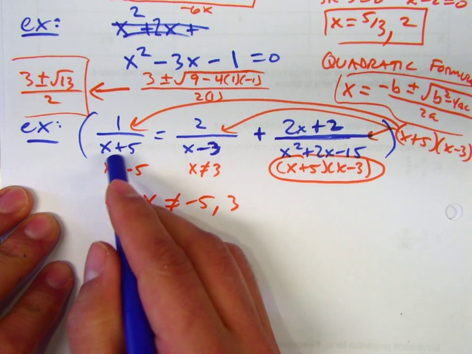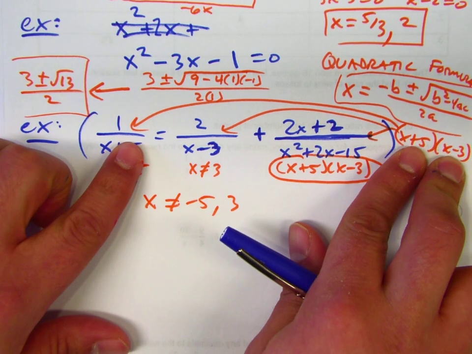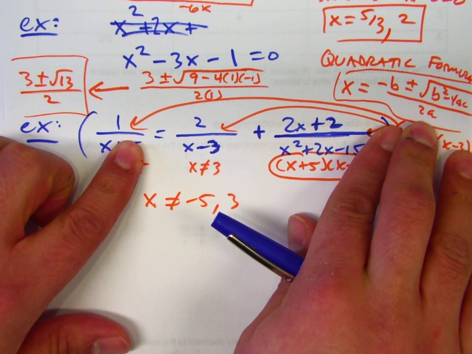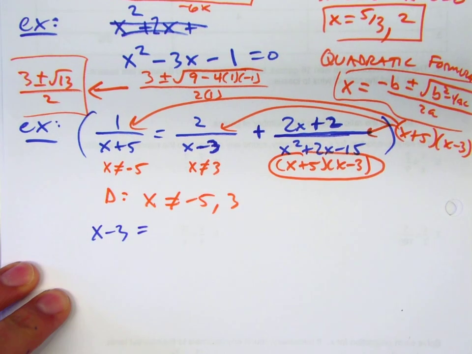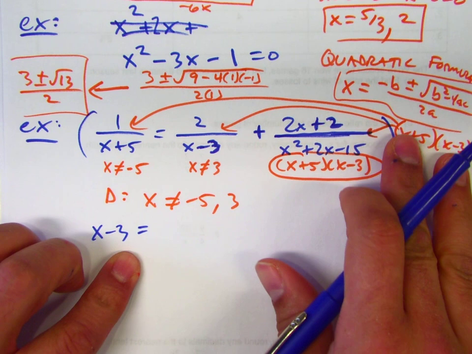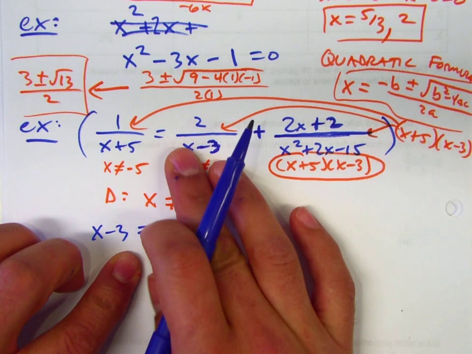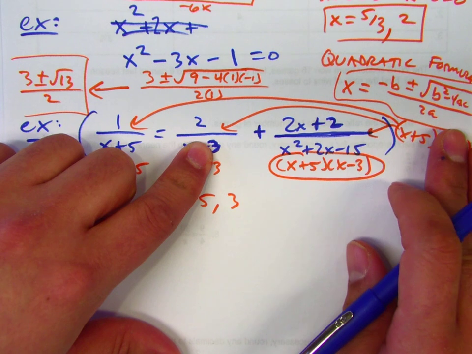What happens with x plus 5 if I'm multiplying it with these two? Cancels out. What's left? X minus 3 times 1, which is x minus 3. Everybody okay with that first step? Okay? Now redo the problem. These two factors times this fraction. What's going to cancel? X minus 3 drops out. What's left?